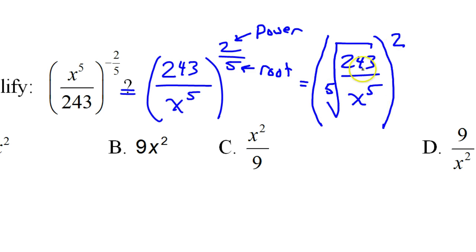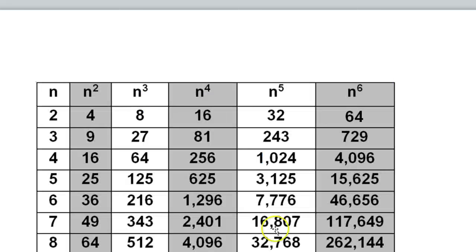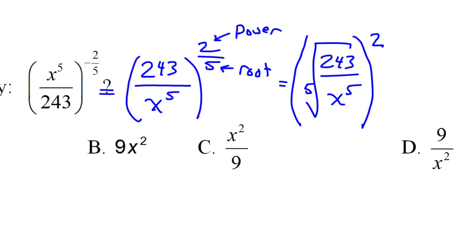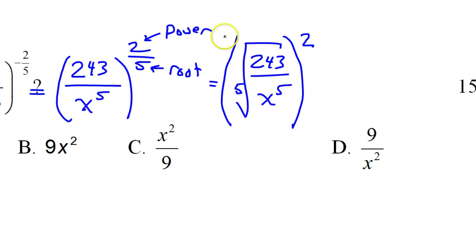Let's see, 243. Let's look at the power table. Okay, the fifth root of 243 is 3. Running out of space quickly. So I'm going to have 3 over.